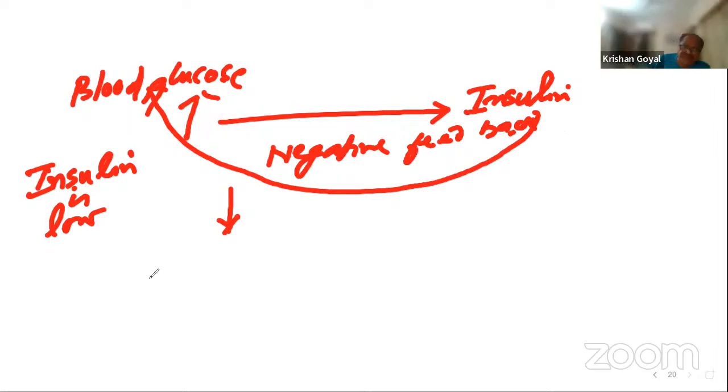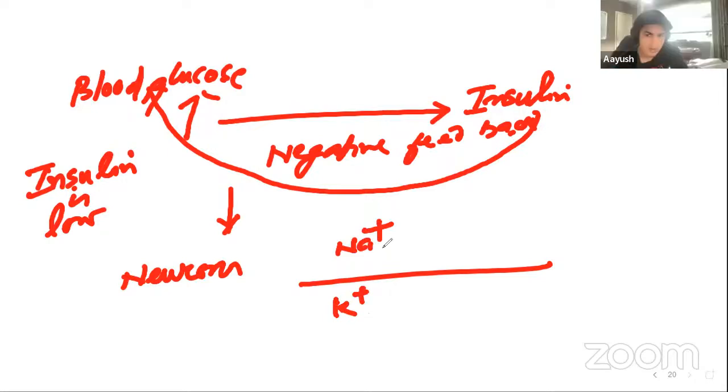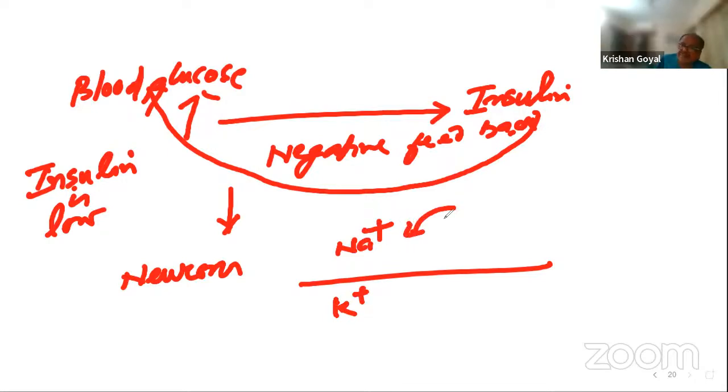Now we come to the positive feedback. Suppose neurons. There is permeability of sodium and potassium ions. If we put more sodium in the body, then its permeability will not decrease.